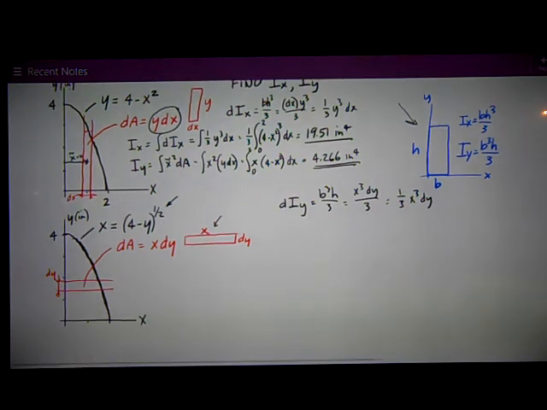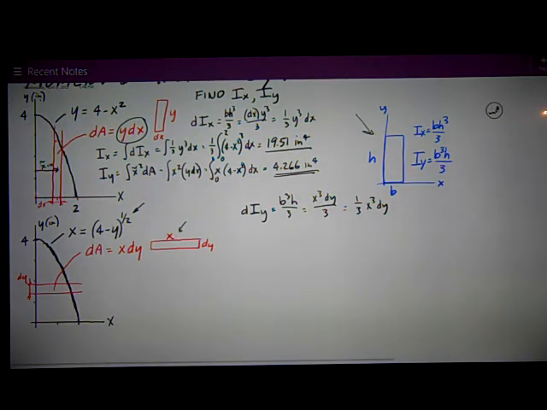So now we're going to integrate, let's do Iy first, by integrating dIy, which we just said is the integral of 1/3 x cubed dy. Plug in what we've got for this case, which is bring the 1/3 out of the integral. x is 4 minus y to the 1/2 power.